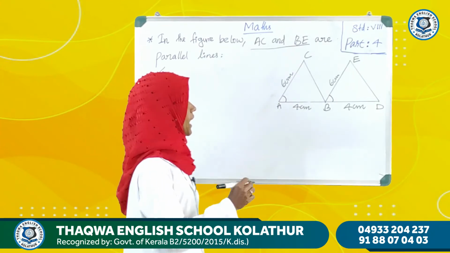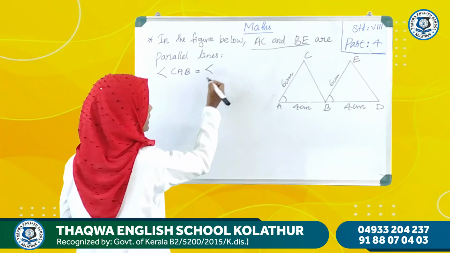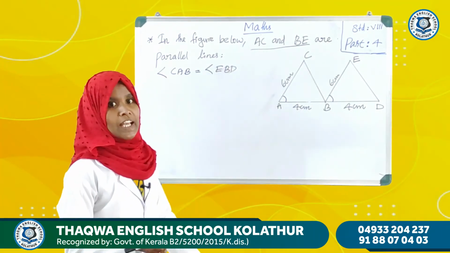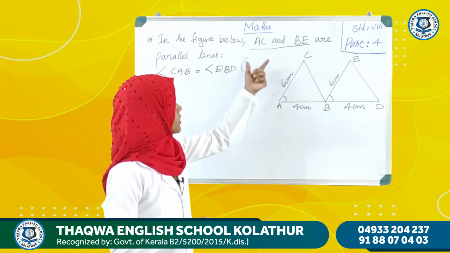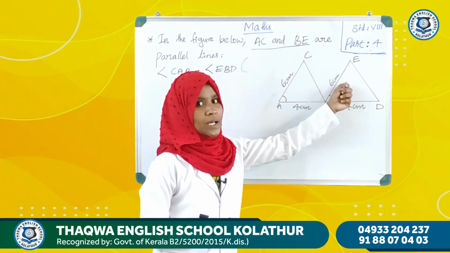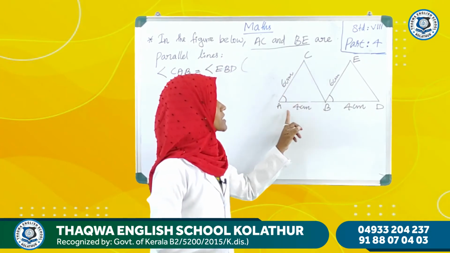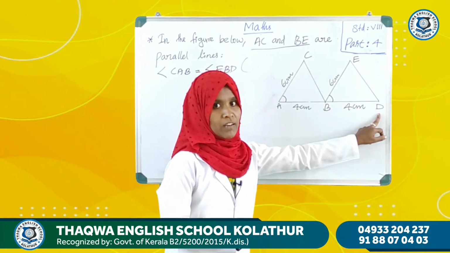We can write angle CAB equals angle EBD. Can you say the reason? We have given AC and BE are parallel. Then we can write angle CAB and angle EBD are equal. What is the reason?